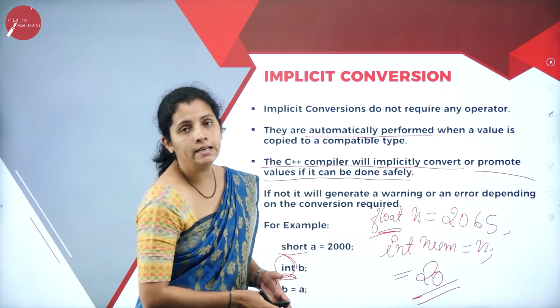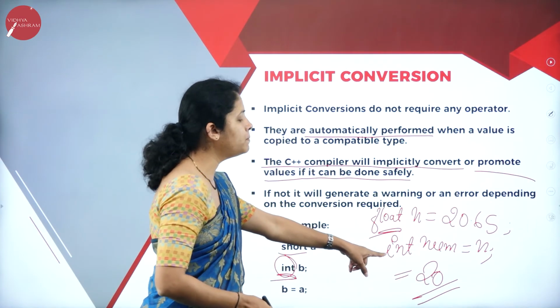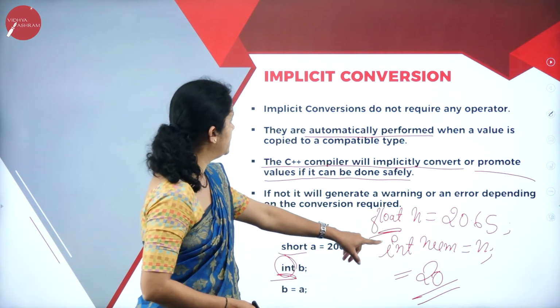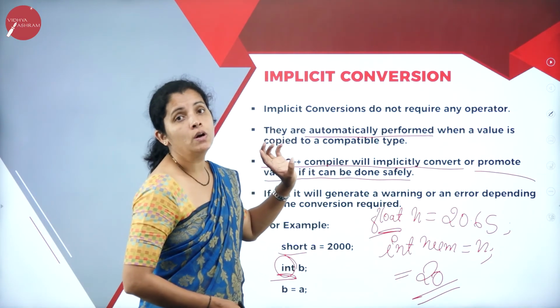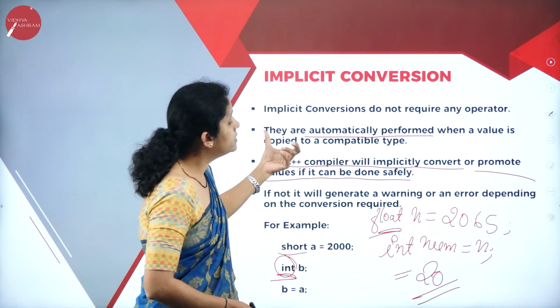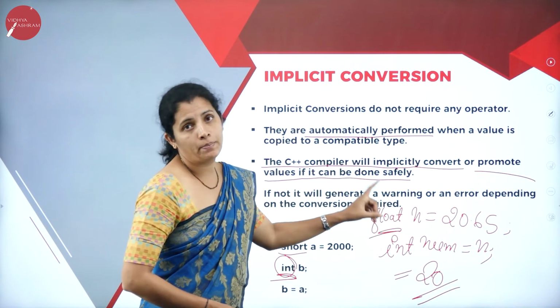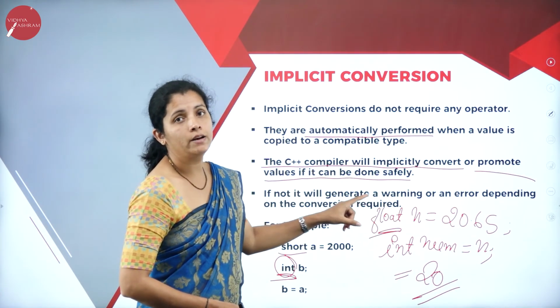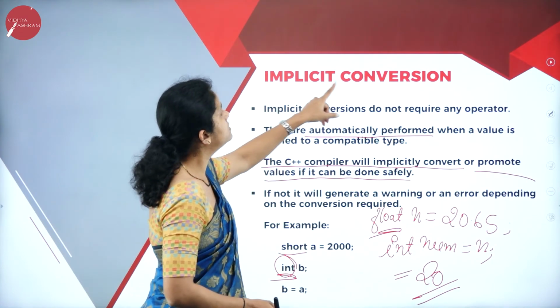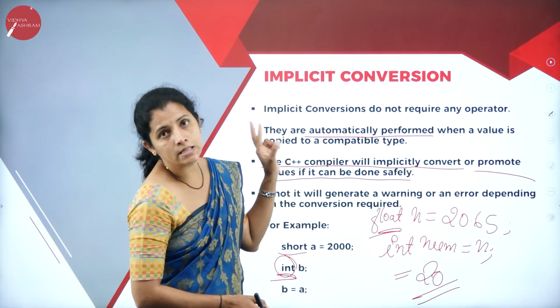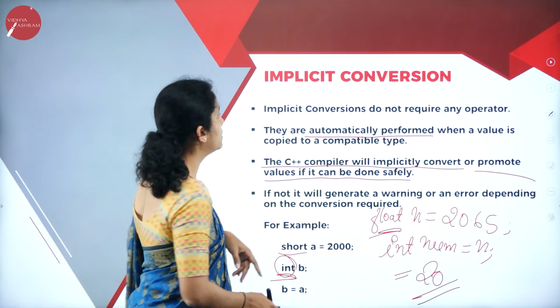So here 20 is nothing but the whole number, that is nothing but the integer. So here the compiler is going to automatically convert one data type into another kind of data type, that is called implicit type conversion.